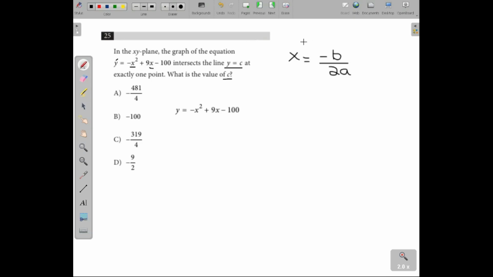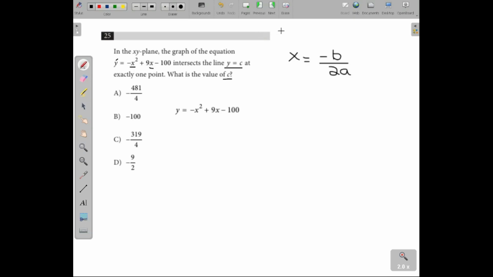To do that, we can use this formula and then replace those values in the equation. Let's do that. And we need to know that a and b are the coefficients of the variables.